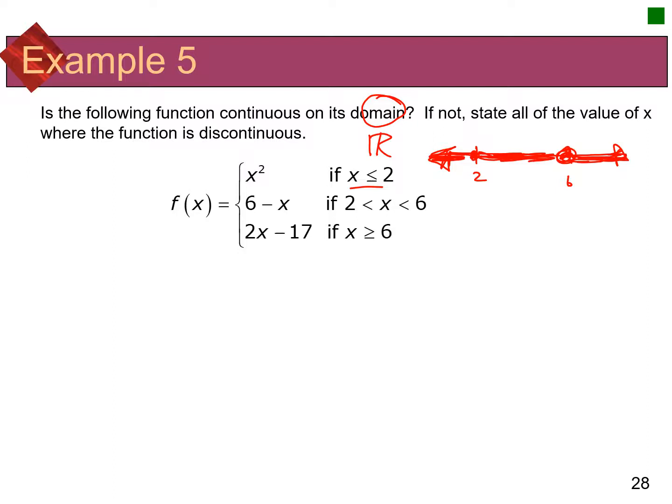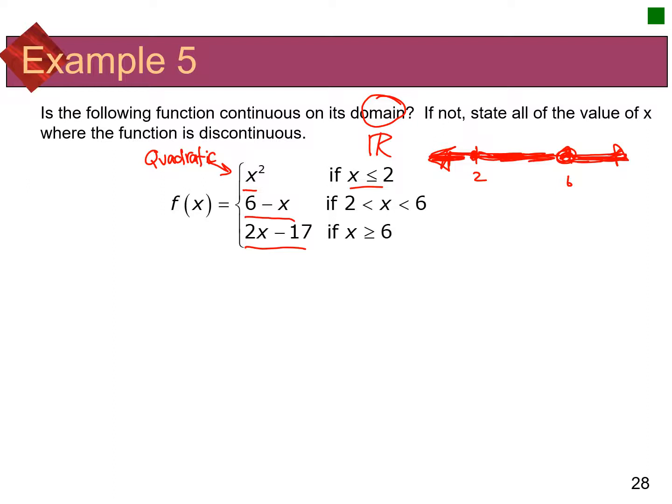So the very first thing I do is I look at, this is a piecewise function made up of these 3 pieces. This one here is quadratic. Now, at face value, quadratic functions don't have any domain restrictions, so I wouldn't expect this quadratic function to have any values of x where it would cause a discontinuity.